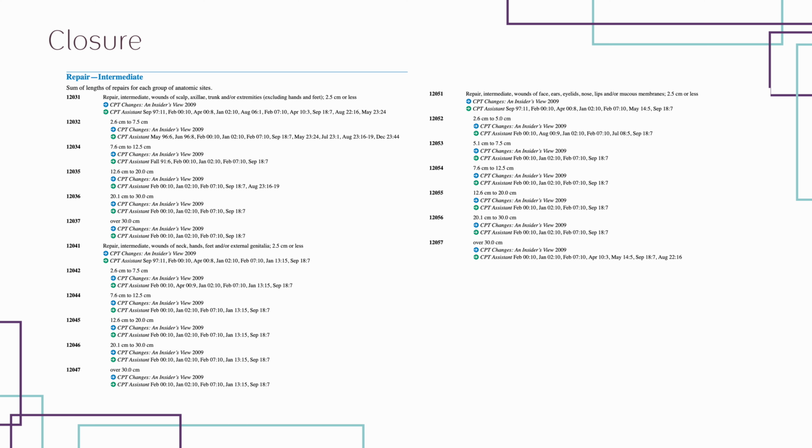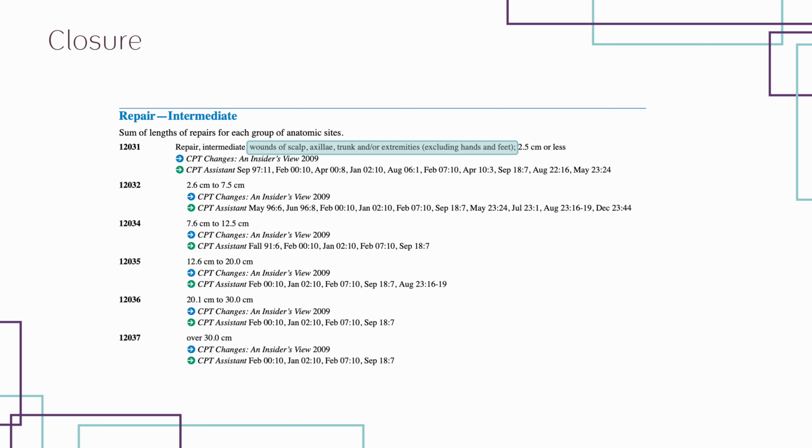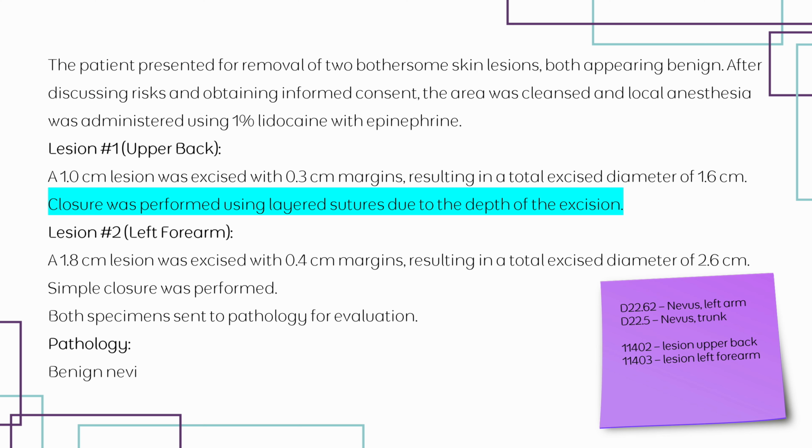As you can see again with repairs, our codes are going to be grouped by anatomic sites. Let's find the grouping that lists the upper back, or in this instance, the trunk. So we should be in the family for 12031. Now that we have found the correct code family, we need to locate the size of the repair that is performed. Our documentation does not tell us that the repair is any larger than the excised diameter.